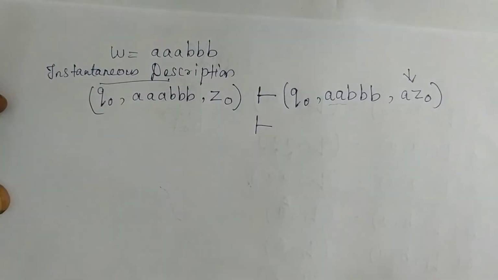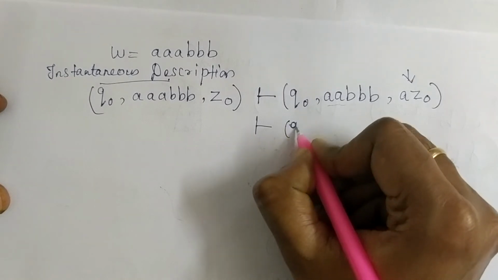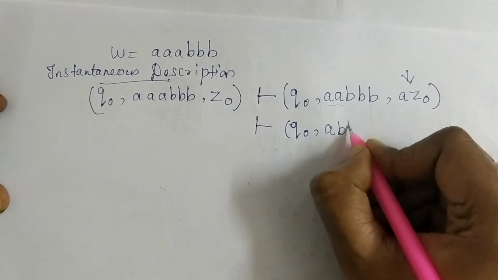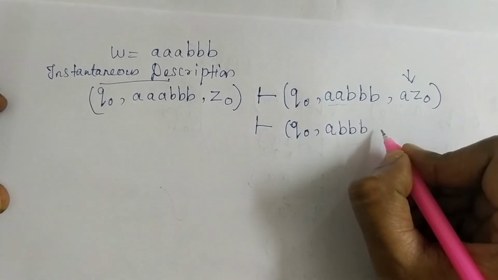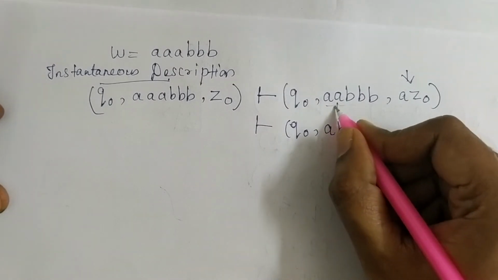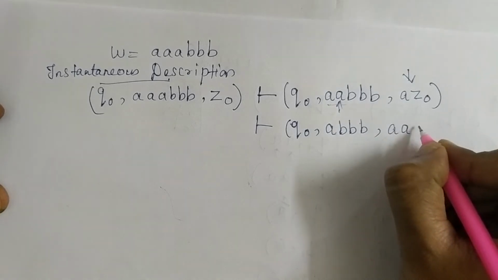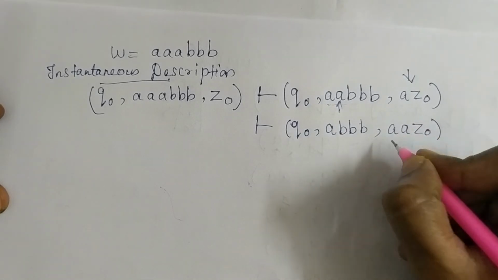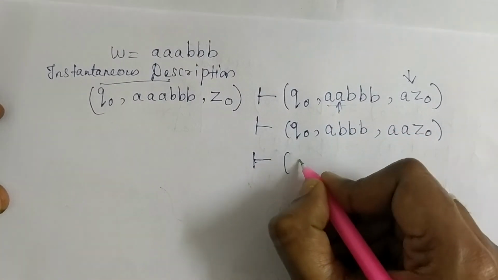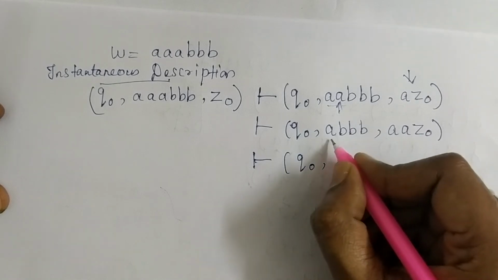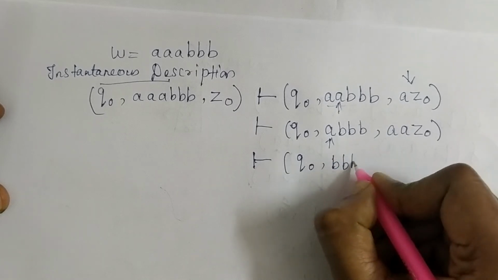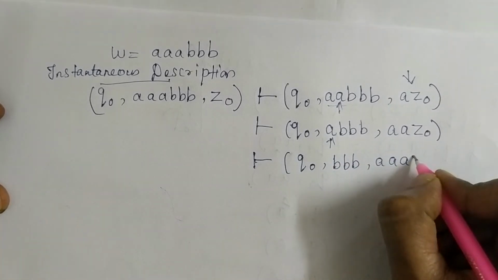After this, it is again going to the state q0, and again abbb. We are pushing another a into the stack. Now we have two a's in the stack along with this z0, and then q0. Again we are going to read this a and push it into the stack: bbb and a a z0.